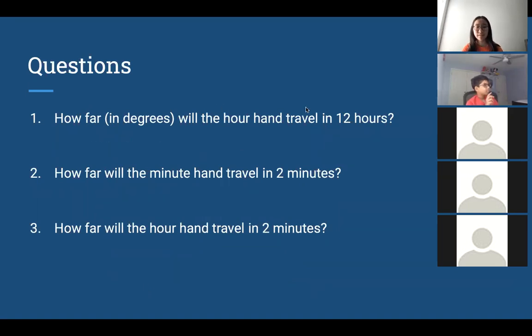Okay, how far in degrees will the hour hand travel in 12 hours? You can type your answer in the chat based off your notes. Let's pretend you didn't see. Type out your math for why it works, and then type out your answer.